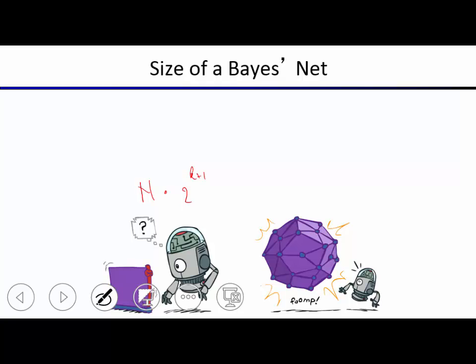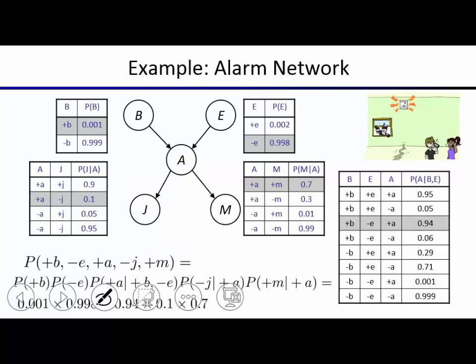If we go back to the example here, you can see that's true. We had only one variable here, just e, 2 to the 1. Here we had two variables, a and m, 2 to the 2, 4 entries. Here we had 3 variables, 1 up front always, in this case 2 in the back, 3 total, 2 to the 3 entries, which gives us this table here.